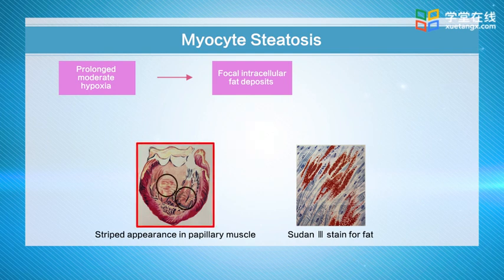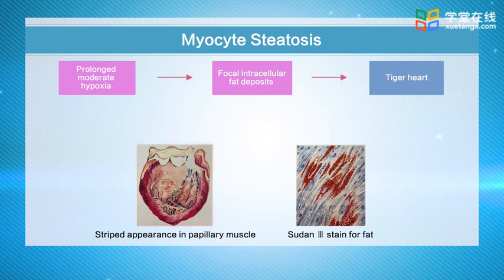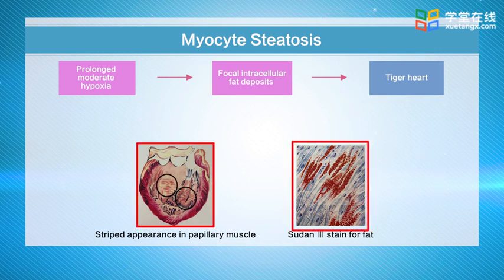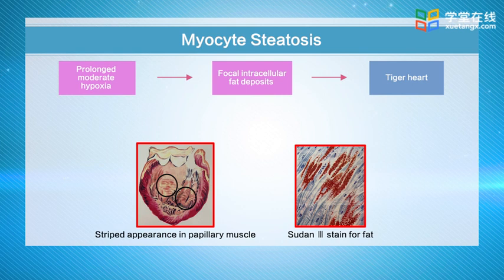This produces a striped appearance similar to tiger skin, so-called tiger heart, commonly seen in the papillary muscle. This schematic diagram shows the tiger heart with Sudan 3 stain of non-uniform intracellular fat.